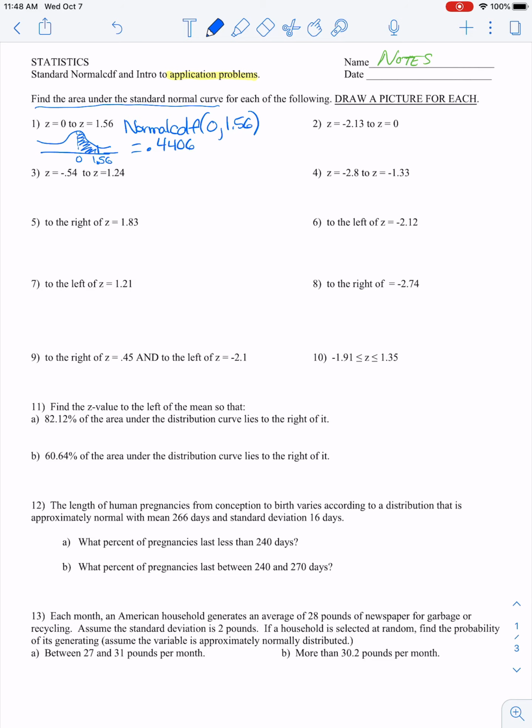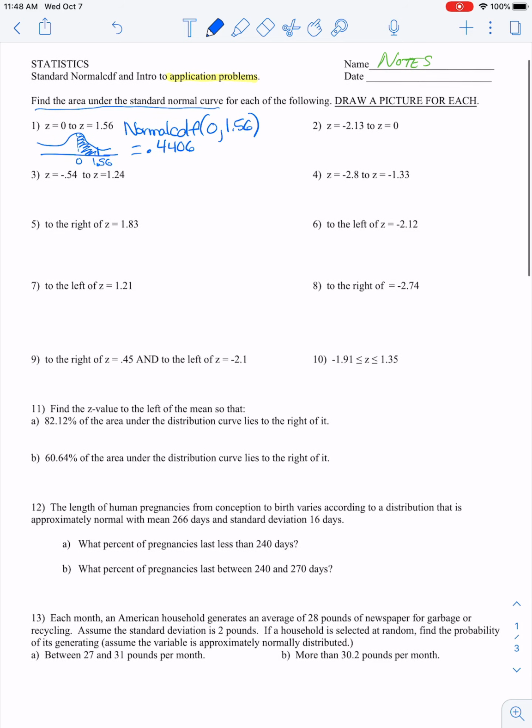And remember, always with normal CDF, we always do the low value and the high, or you can think of it as left to right. All right, maybe one a little more interesting is down here where it says to the left of 1.21. We have a bell-shaped curve, we're at 1.21 and it says to the left, so I want to shade all the way past the mean to negative infinity.